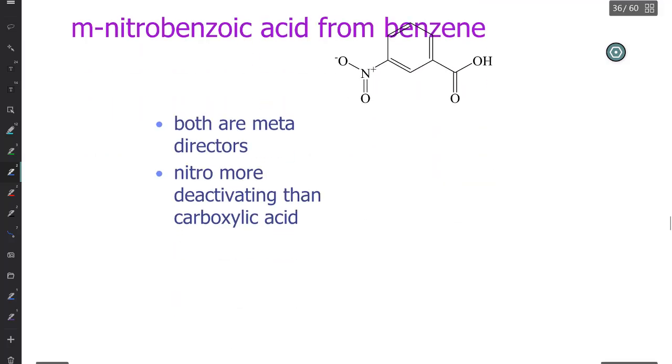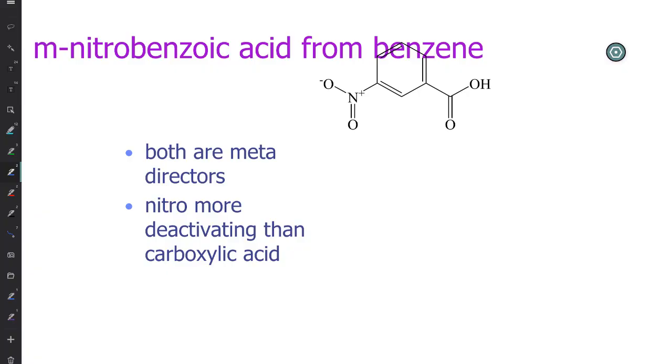Okay, let's look at m-nitrobenzoic acid and its synthesis. So, how do you make m-nitrobenzoic acid from benzene? We have to think about this. Both are meta-directors.